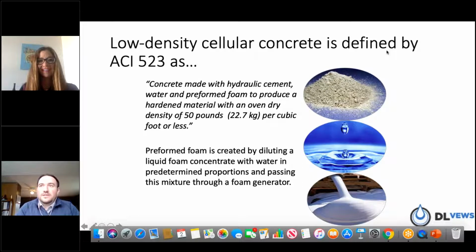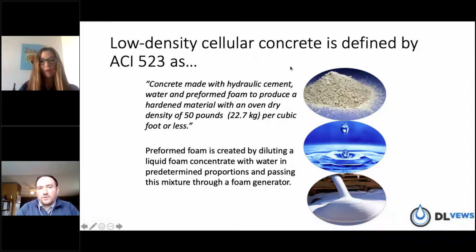I should add one other comment that traditional concrete or flow fill is very heavy density wise. So wet density of flow fills can be up around 135-ish pounds per cubic foot. And as you can see on the slide here, our sweet spot is 50 pounds and less. So normally we're averaging between 25 and 40 pounds per cubic foot on the average.